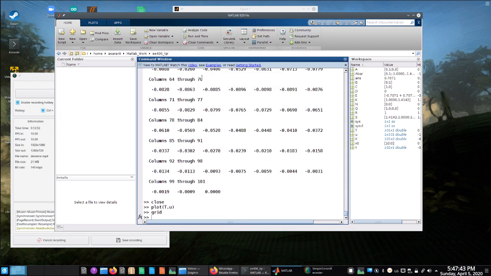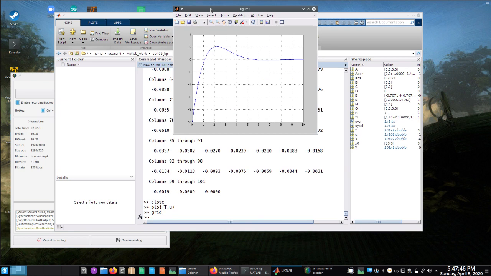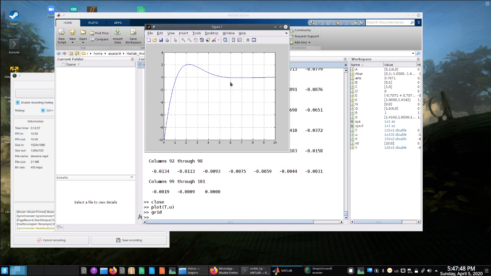I will have my input versus time. So you see that the input starts at minus 10.